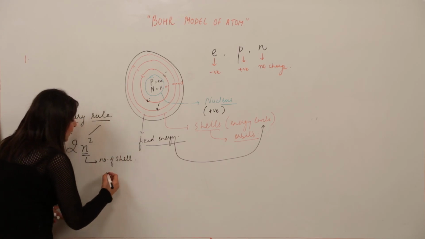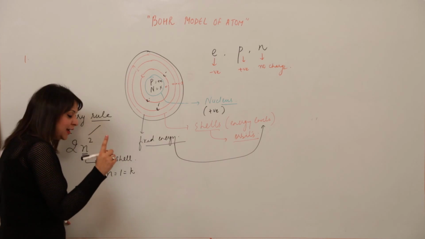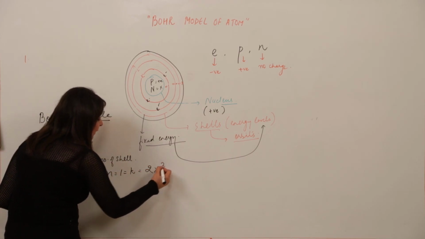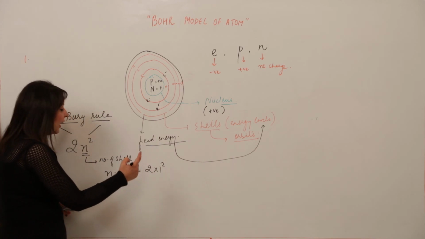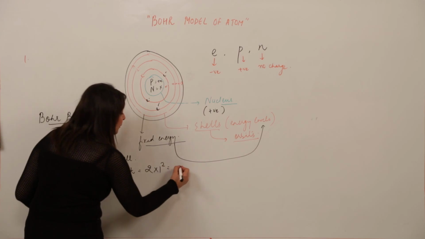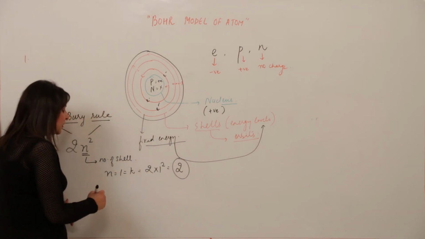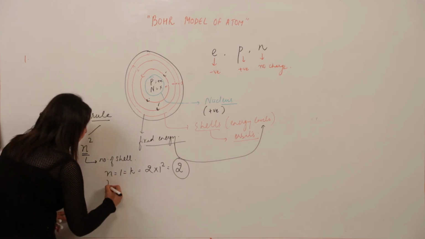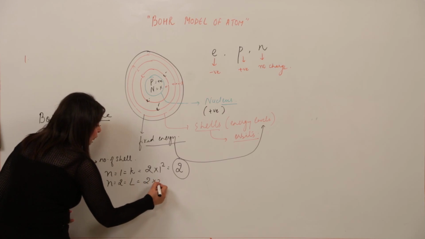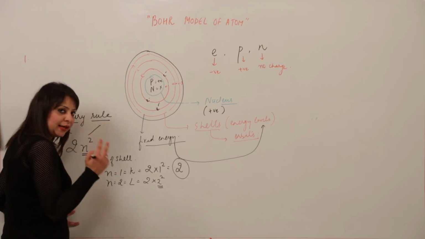So, he said when n is equal to 1, meaning the first shell, that is the K shell, the maximum electrons it can accommodate is given by this formula 2n square. I have put n as 1 because we are looking at the first shell. So, the maximum electrons it can accommodate is 2, right. Similarly we can calculate for the second shell. So, second shell, that means L, putting 2 into 2 square, I have put n as 2 because we are looking for electrons in the second shell.